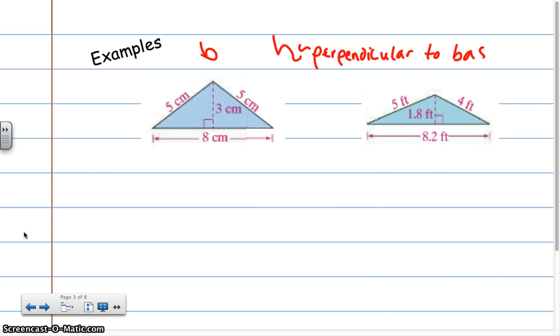I can always identify my height by looking at a triangle and seeing what forms a 90-degree line with it. It looks like 3 would be my height, and my base would be what it's connected to. So the area of this triangle would be 8 times 3 divided by 2, 24 over 2, 12 centimeters squared.